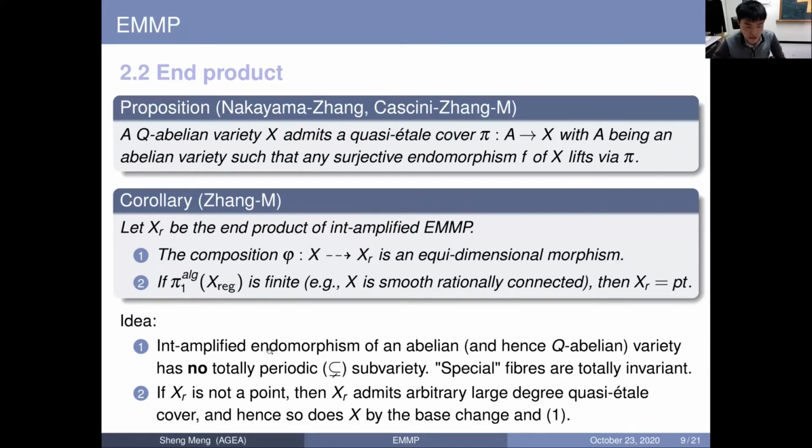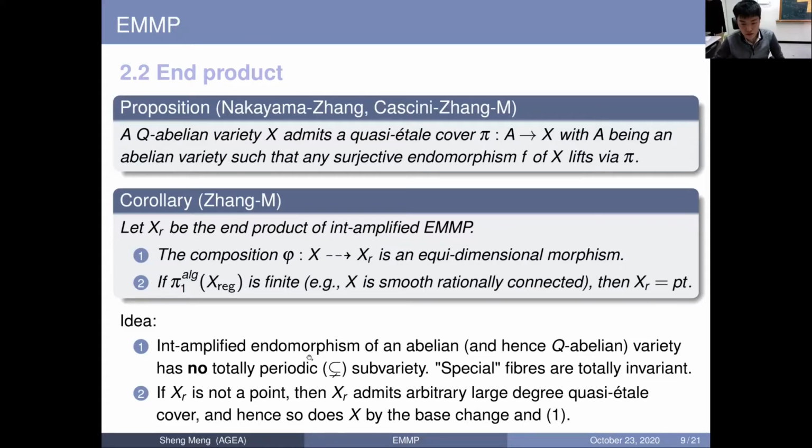note that the inter-amplified endomorphism of an abelian variety has no totally periodic subvariety properly contained in this abelian variety. Because any surjective endomorphism of an abelian variety is étale, it has no ramification. However, for an inter-amplified endomorphism, any totally periodic subvariety must create ramification. So this comes to a contradiction.